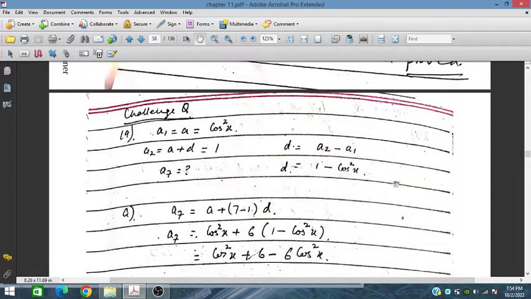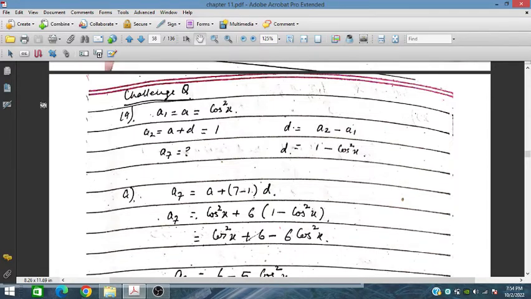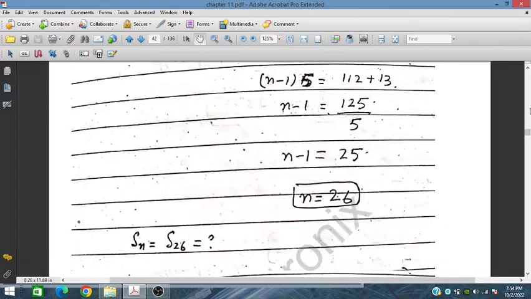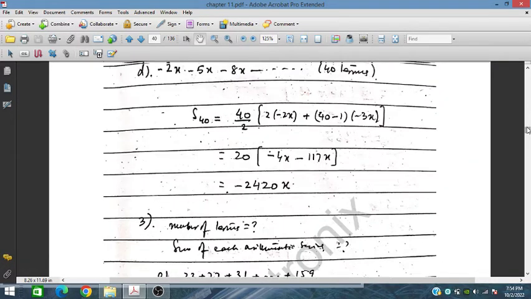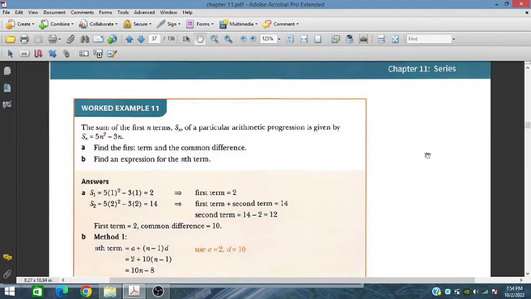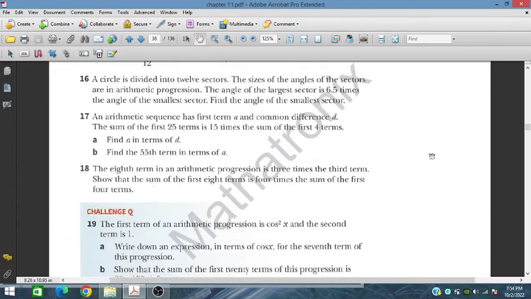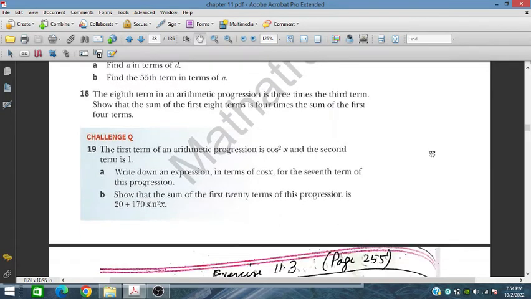Now let's talk about the challenge question 19. The first term of an arithmetic progression is cos square x and the second term is 1.